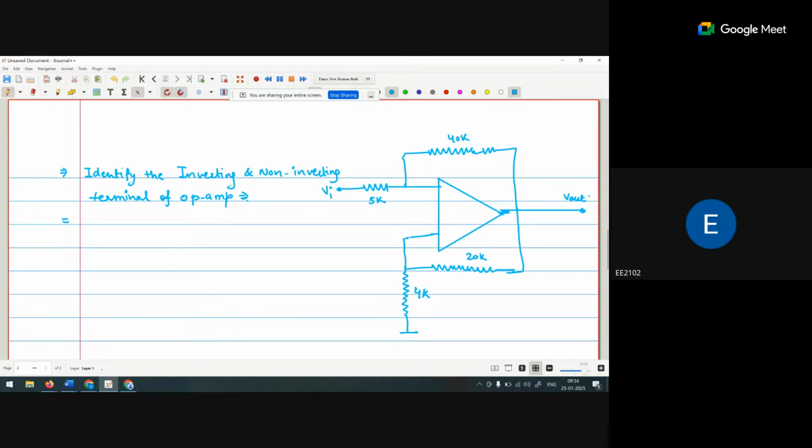And second, find out V out. Can you solve it? Try to solve it once.